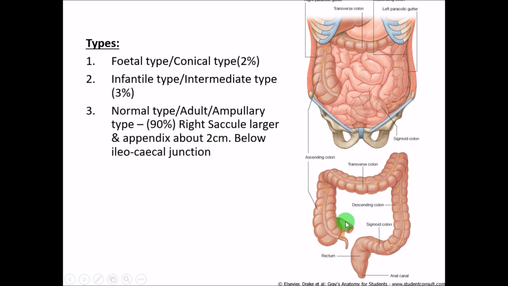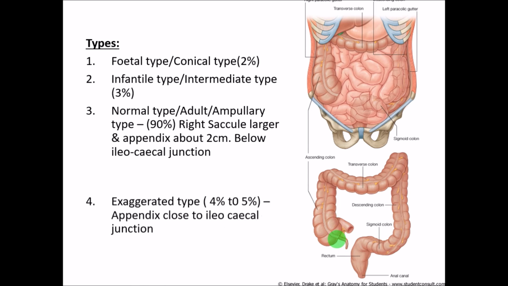This is the junction where the small intestine opens into the large intestine. The ileum opens into the cecum, that's why it is called the ileocecal junction. So this appendix will be almost 2 centimeters below the ileocecal junction. So this is the normal type, or ampullary type, present in almost 90% of all the people around the world.